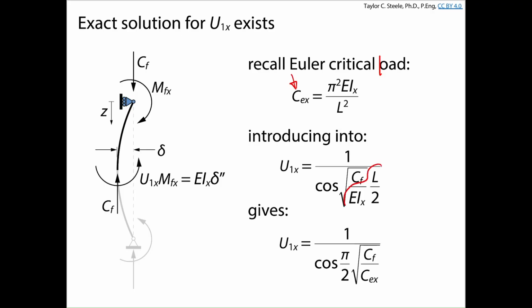If we substitute and rearrange some things, what we end up with is that U1x is equal to 1 divided by the cosine of pi over 2 times the square root of CF over CEX. Okay, so that's as simple as we're going to make it theoretically speaking, and again, I'm not really presenting the theory behind it. What I'm trying to suggest is that if you go through the math based on the free body diagram and the differential equation, we can figure out what amplification factor to multiply MFX by to get the total moment acting on the section.